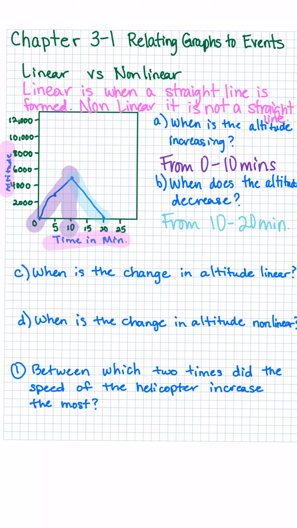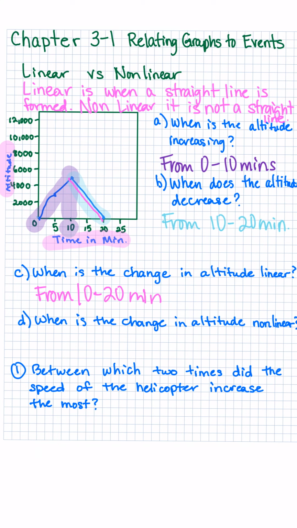When is the change in altitude linear? So I gave that away earlier when I talked about how this was a straight line right here. So it is linear when the altitude is decreasing, from 10 to 20 minutes. But it's also straight right here.